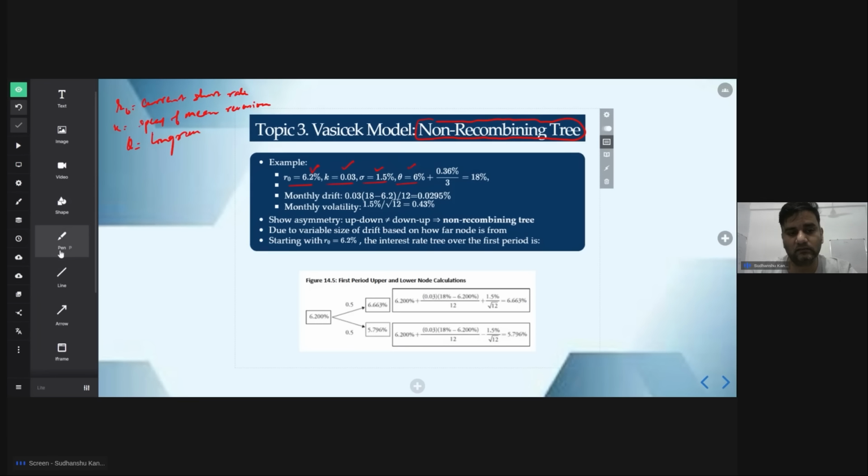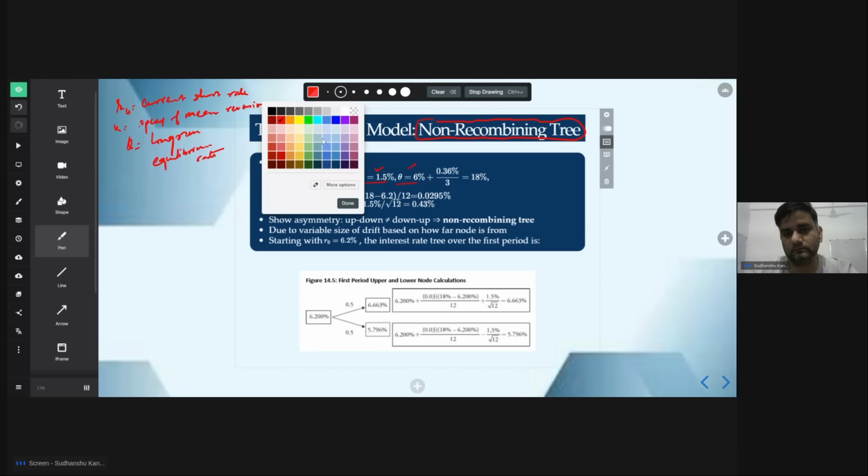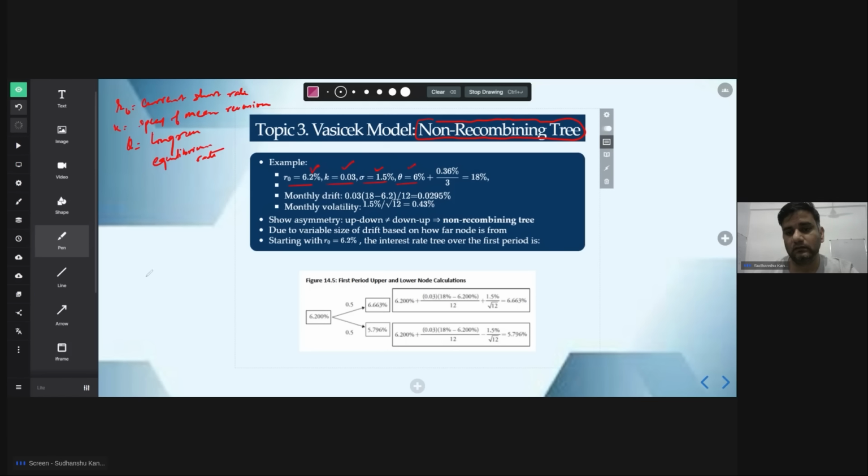Now look at what I'm writing. What is happening here? Please pay attention. We are trying to calculate the monthly drift and monthly volatility, right?